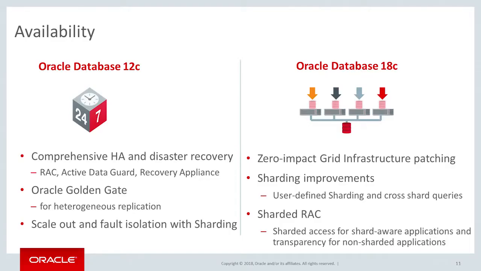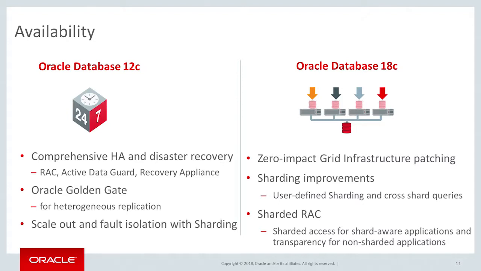And then, as I mentioned earlier, when we introduced sharding with Oracle Database 12c, we introduced fault isolation on a global scale. We continue to enhance our high availability capability with Oracle Database 18c. For example, for customers on a Real Application Clusters environment, we can now do zero impact grid infrastructure patching.